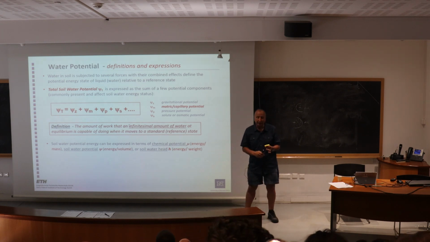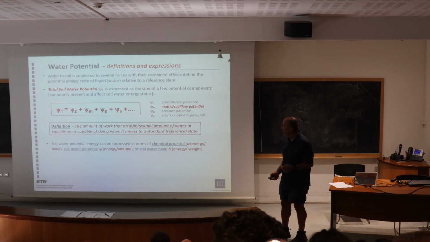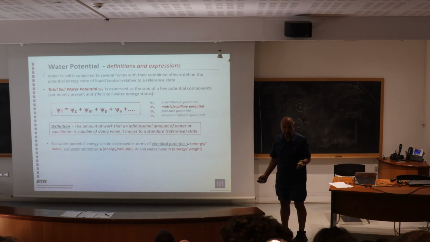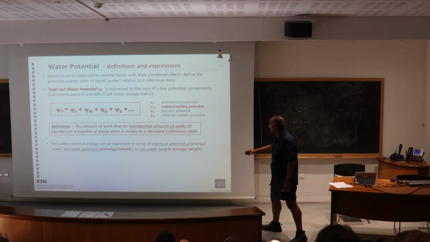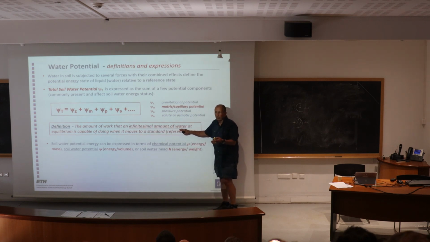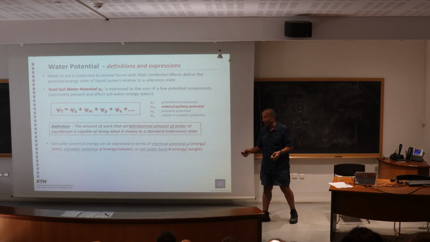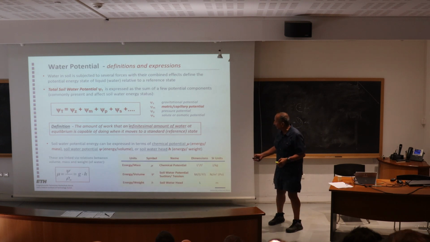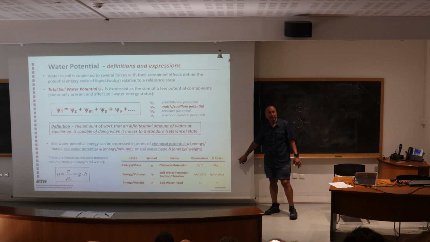One comment about the definitions that Rene presented yesterday. We can express, indeed, soil water potential as energy per unit mass. While saying an infinitesimal amount of water, I did not specify if it is volume, mass, or weight. So we can now express it as an amount of energy per unit mass, per unit volume, or per unit weight. And they have different terms or different signs. I don't know if everybody can see the table down here.